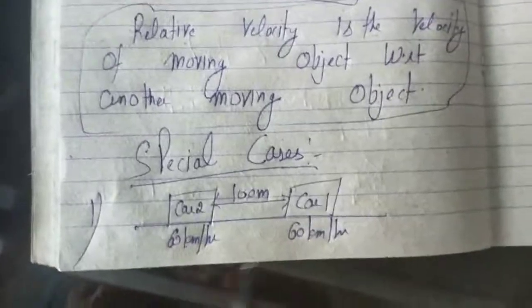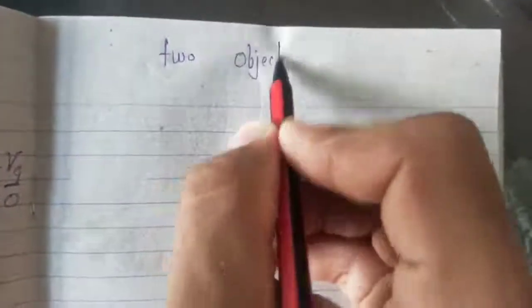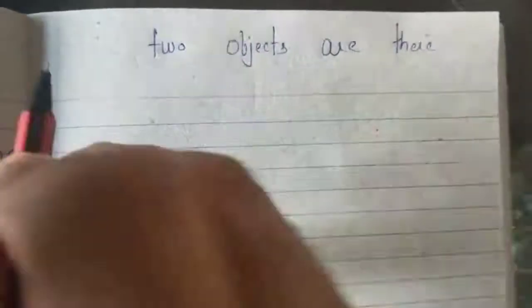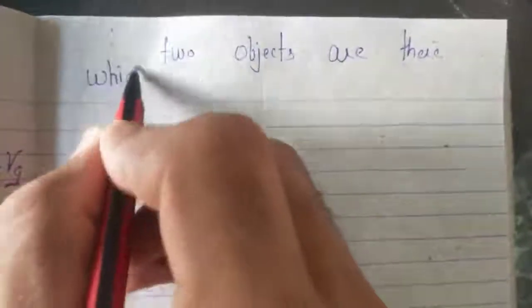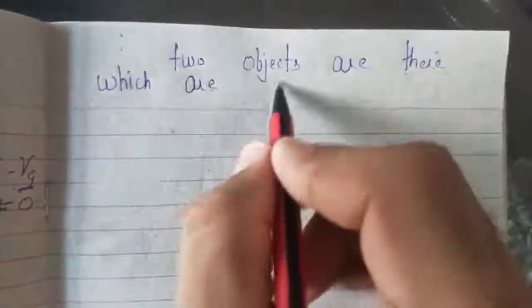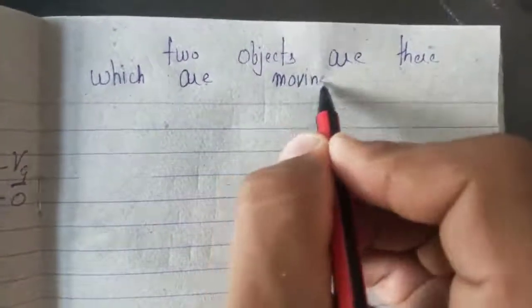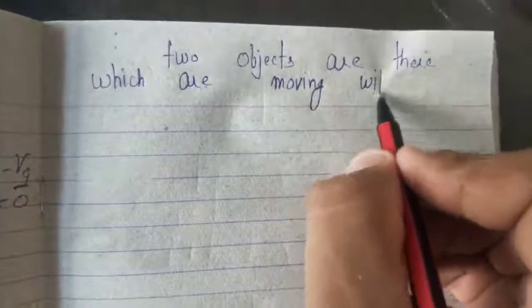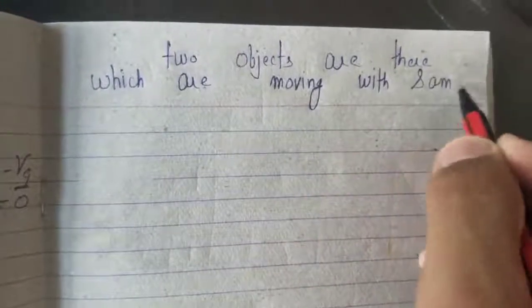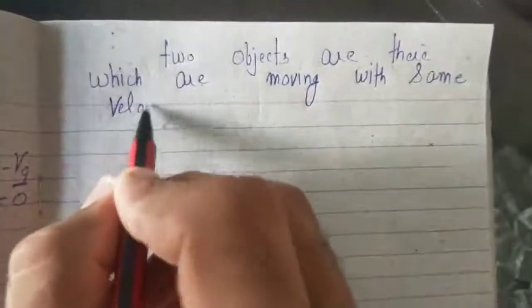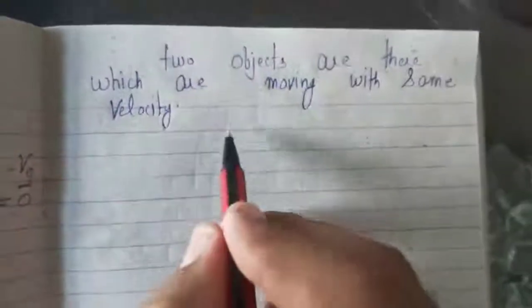So we will draw the distance-time graph for these cars. Suppose two objects are moving with the same velocity. Okay, so it is very much clear.